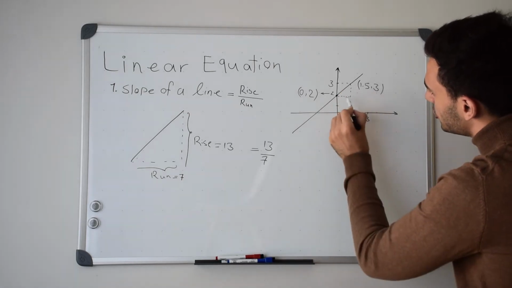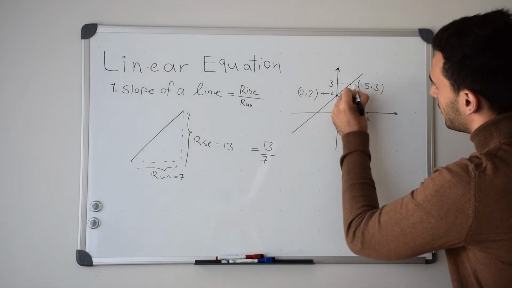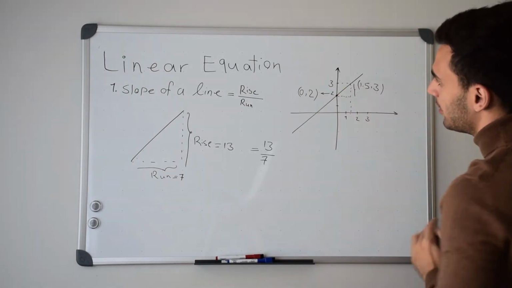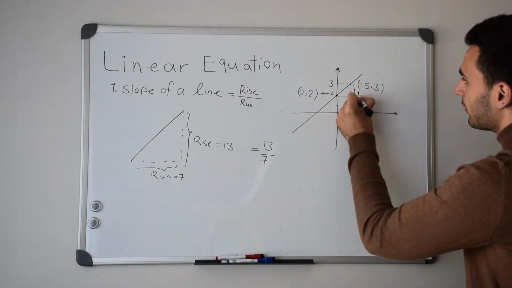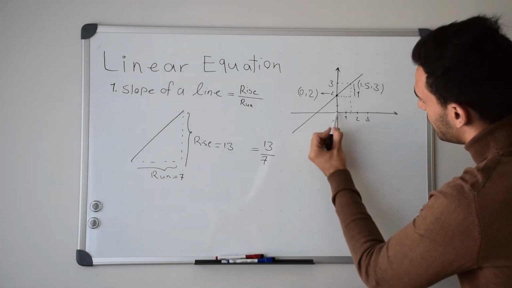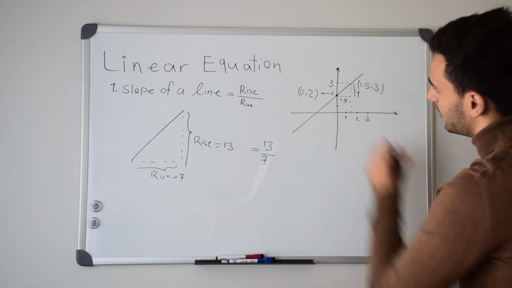So what is the rise of this line? It goes up from here to here, right? So it goes from 2 to 3. So the rise of the line is 1. And what is the run of the line? It goes from 0 to 1.5. Okay?